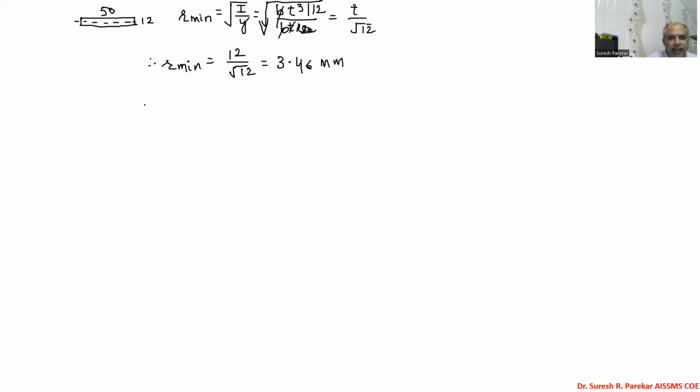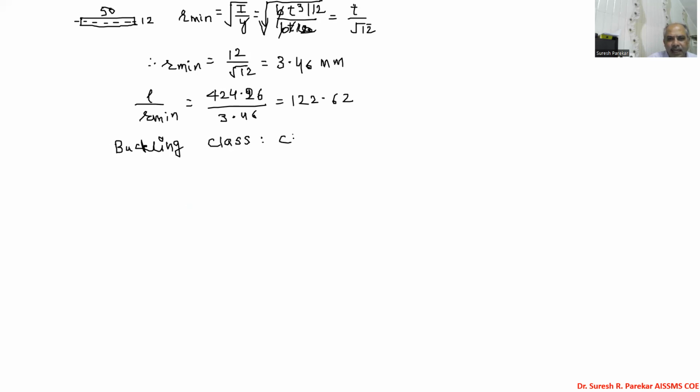Now we will find L by r minimum. L we have already calculated, 424.26, which is length of lacing. 424.26 divided by 3.46, and we will get this value 122.62. Now as we have flat over here, buckling class is class C, because we have rolled section or flat.